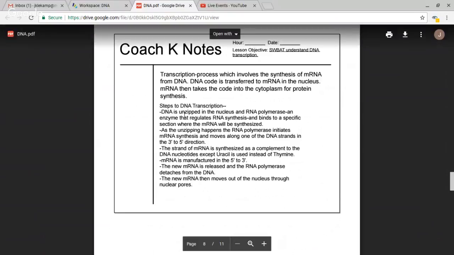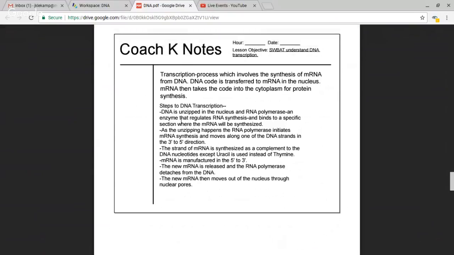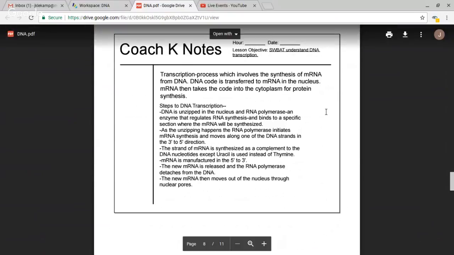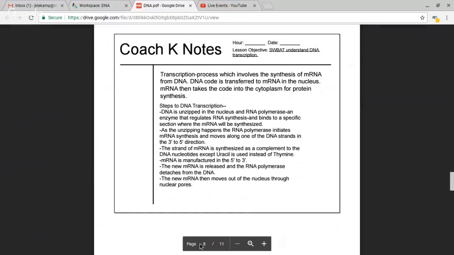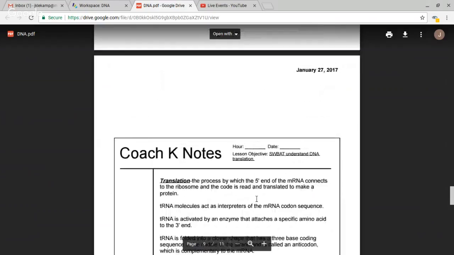Okay, so the steps of transcription are right here. I'm not going to read straight through here, but basically the DNA unzips, and we have a filling of RNA nucleotides based on the DNA. So it just fills in and builds this line of mRNA. Once it's synthesized, it will leave the nucleus, go through the nuclear pores, and then go to the ribosome.